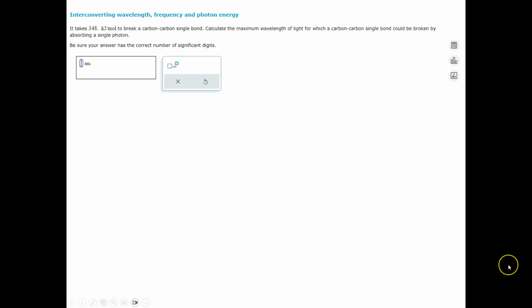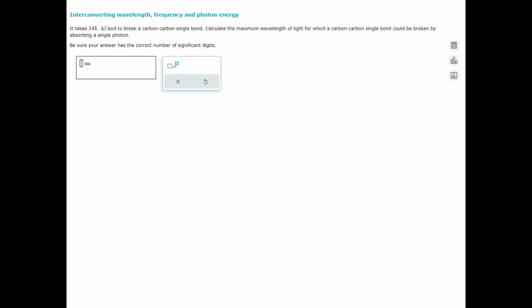Okay. Here's a more complicated story problem. It says it takes 348 kilojoules per mole to break a carbon-to-carbon single bond. Calculate the maximum wavelength of light for which a carbon-to-carbon single bond could be broken by absorbing a single photon.